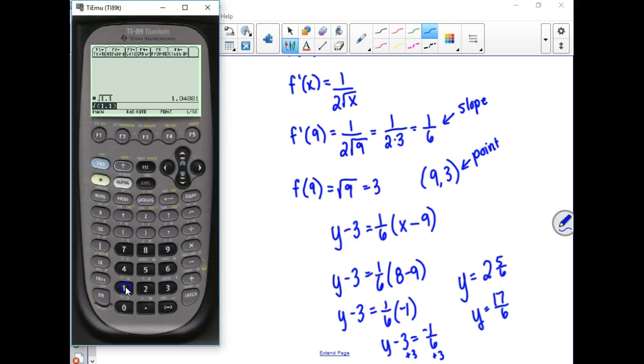So 17/6 gives me 2.83 repeating. The square root of 8 is 2.82843. Still pretty good, right? It's pretty close.